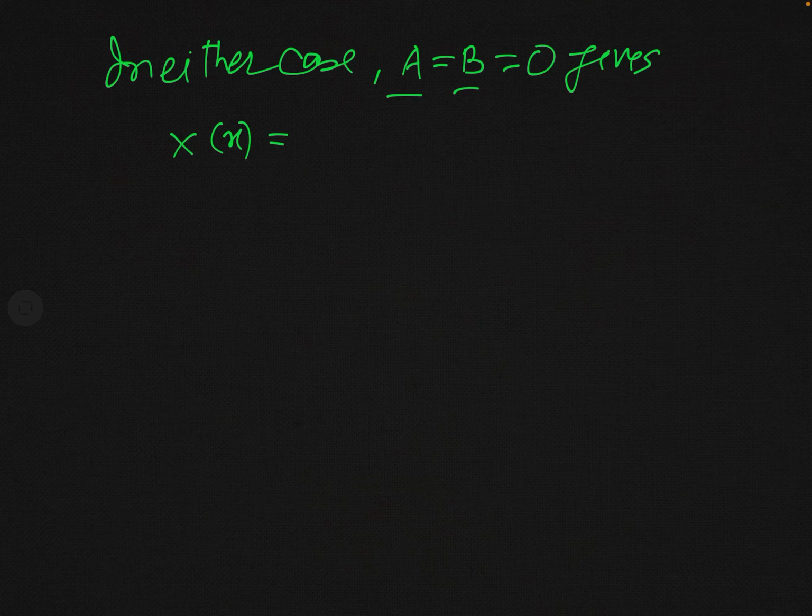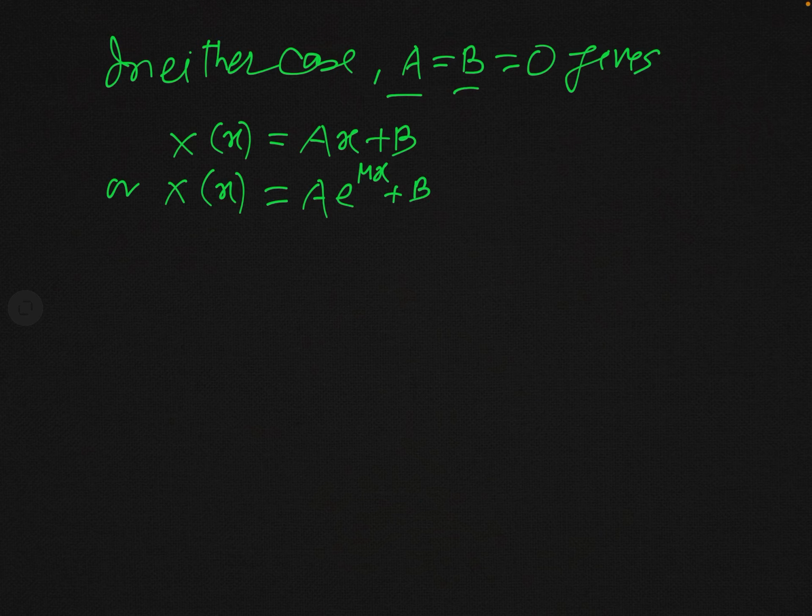Let us see. Since X of x you know is equal to ax plus b, or X of x is equal to A e raised to the power mu x plus B e raised to the power minus mu x.